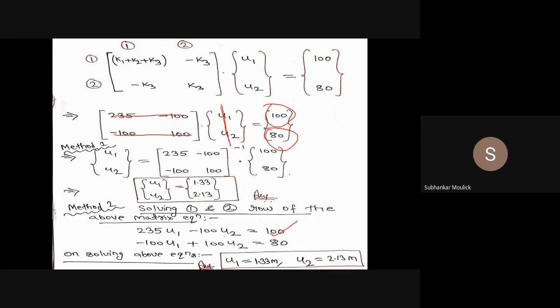You have two equations and two unknowns. You will get the values of u1 and u2: the displacement of the first nodal point is 1.33 meter, and the displacement of the second nodal point is 2.13 meter by this potential energy approach. Any doubt in this problem?